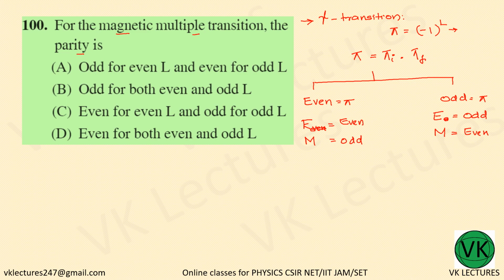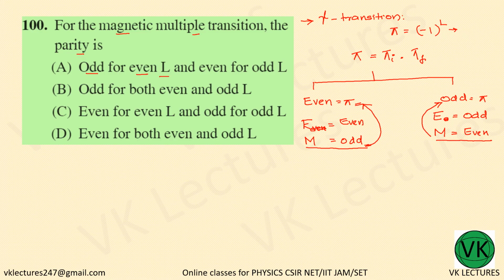Now look at the question. For the magnetic multipole transition, this is what we need, M. So M is odd when parity is even, right? And M is even for odd parity. So odd for even parity.